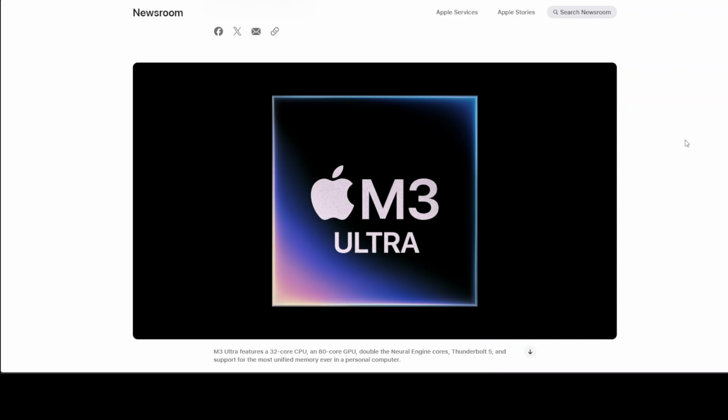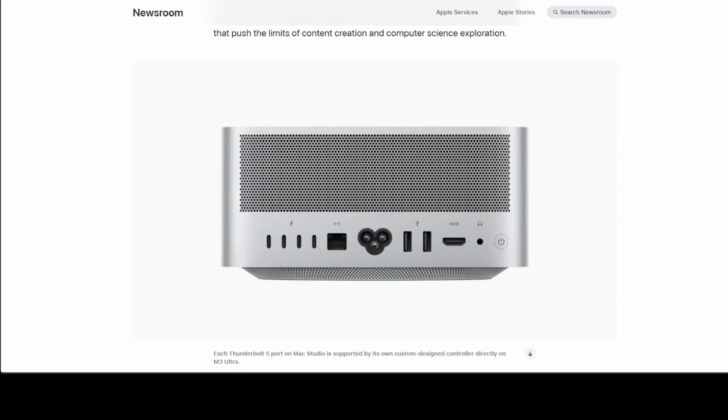Based on Apple's innovative UltraFusion packaging technology, this M3 Ultra connects two M3 Max dies with over 10,000 high-speed connections. That results in a total of 184 billion transistors, specifically designed to cater to intensive professional AI workloads.